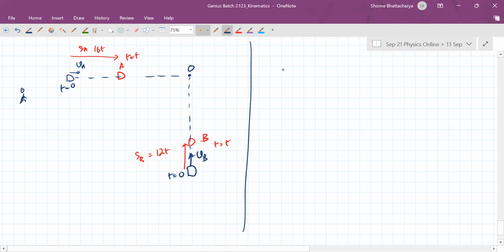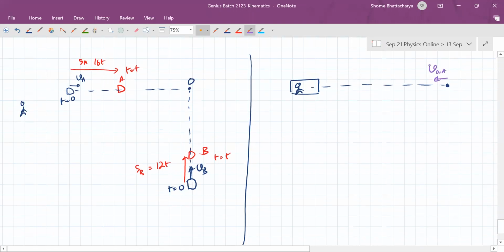This is one perspective. Okay. Now another perspective is like, let's say my observer is inside A. So then what this guy is seeing is something very interesting. He is seeing that the intersection point is actually moving towards him at minus 16 I cap.